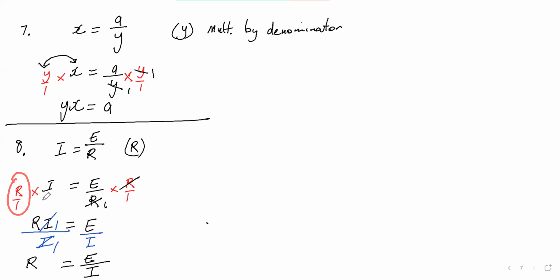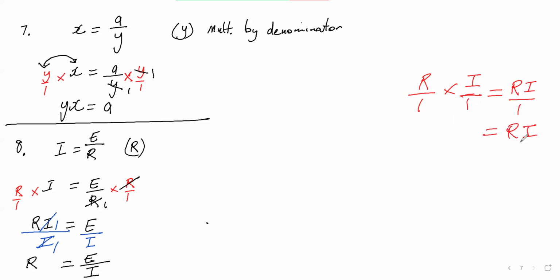But remember, it's R over 1. And R over 1 multiplied by I, you multiply your numerators, you'll just get Ri over 1, which is the same as Ri. I mean, this is what you do in your head now, people.